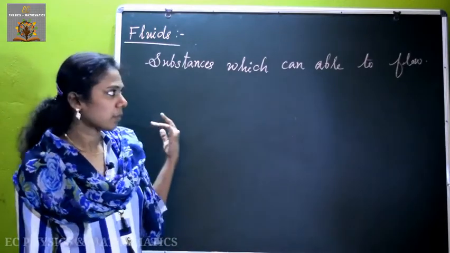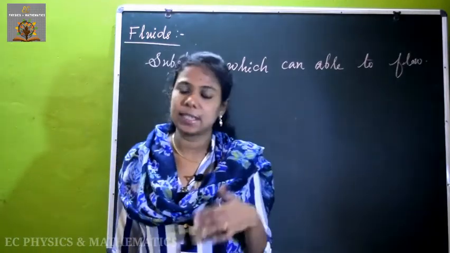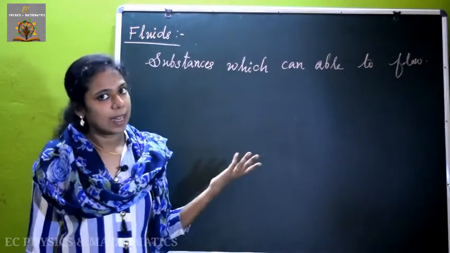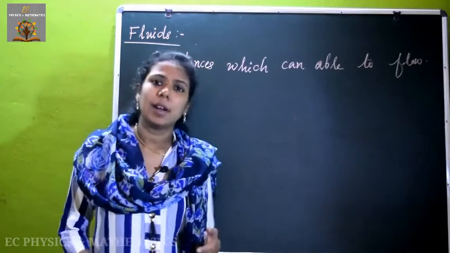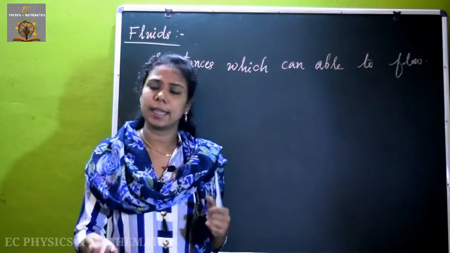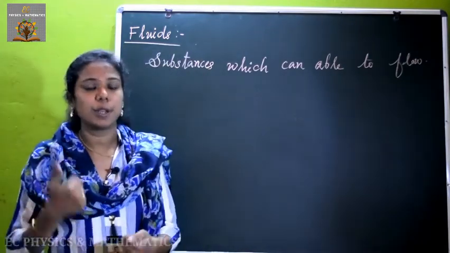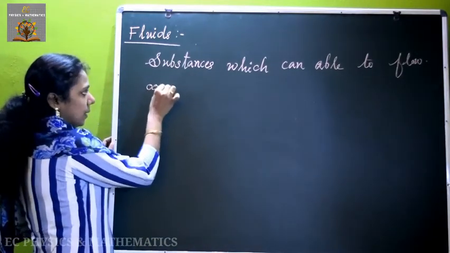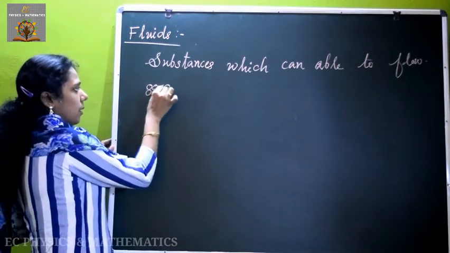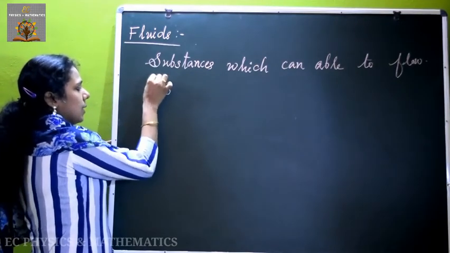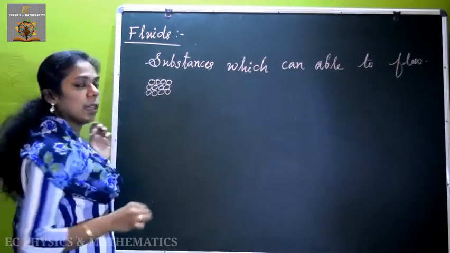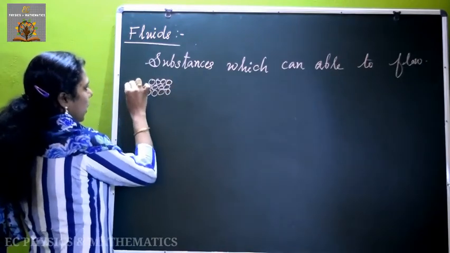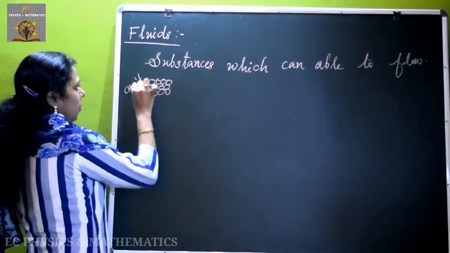Examples. We know the states of matter. Which are the states of matter? Mainly solid, liquid and gas. What are the specialities of solids, liquids and gases? What is the arrangement of atoms? In solids, the atoms are tightly packed, like this, so they can't flow.